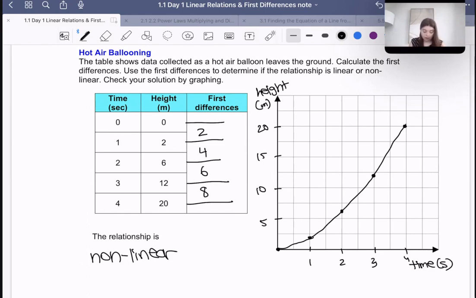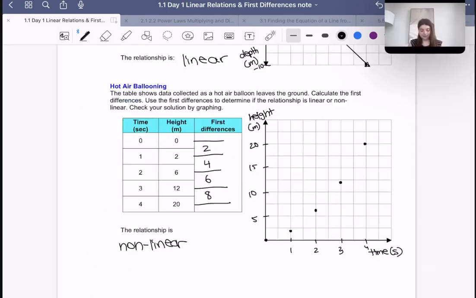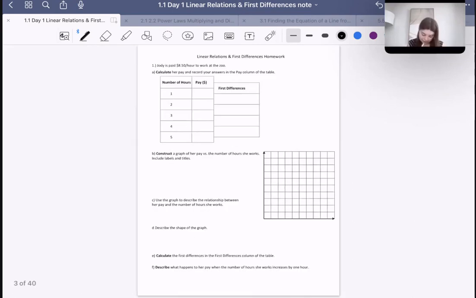This is not a line. And so therefore it makes sense that it's not a linear relation because these points don't represent a line. So that's just another piece of evidence that this hot air ballooning example is nonlinear. Very good.